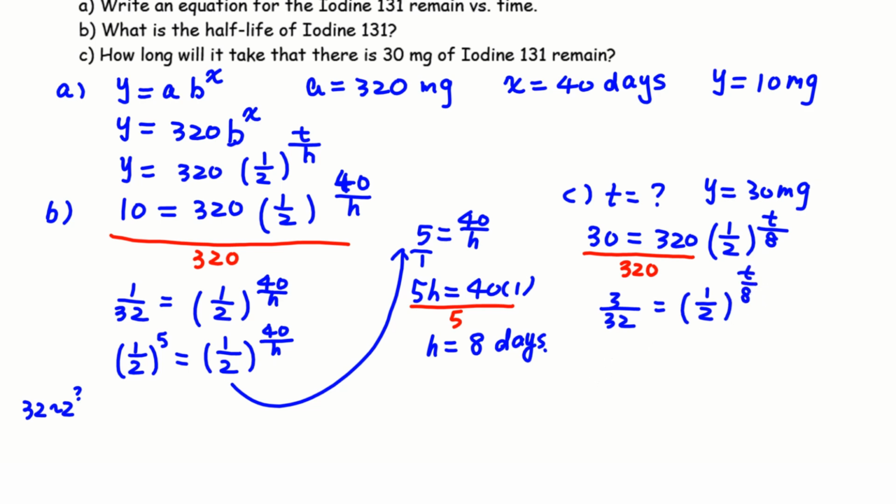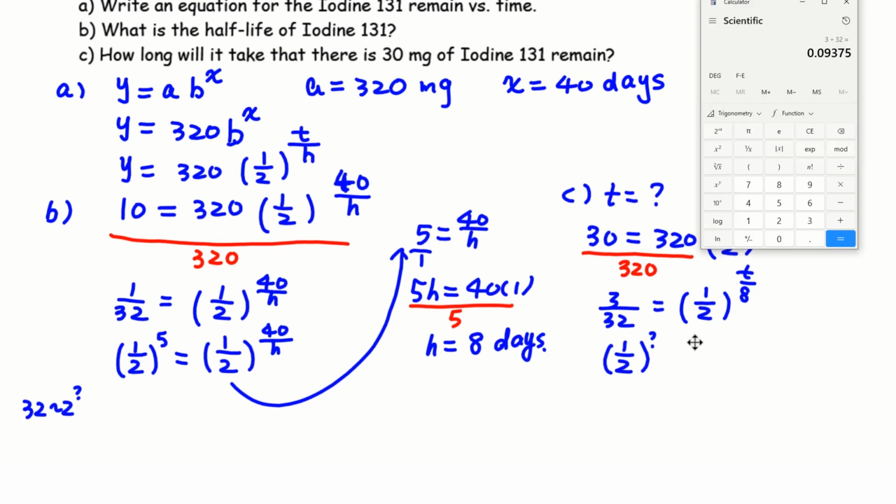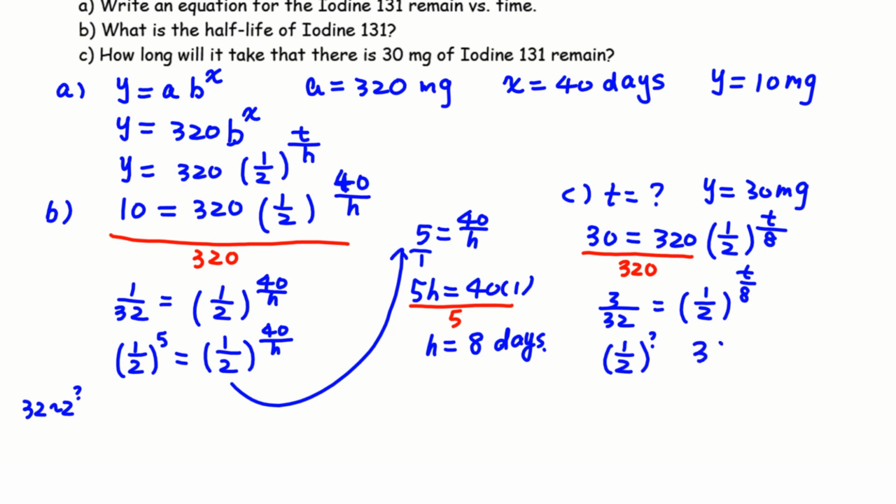Then you could guess and check 1 over 2 to the exponent what is close to 3 over 32. So guess and check and try different numbers. We try 3 divided by 32, which gives you 0.09375.